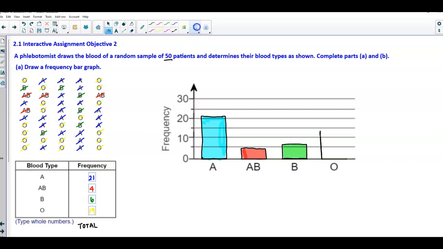So it is right one below 20. So we're going to be below that bar. And so therefore this is going to represent blood type O.